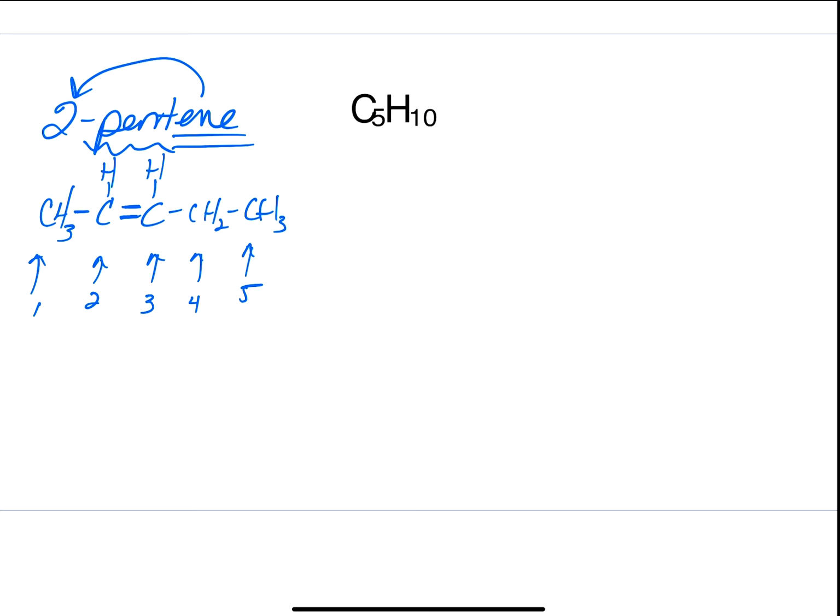All right, so that's a general look at 2-pentene. Now, if we wanted to draw the full structural formula, remember we're going to need to draw all of the atoms and all of the bonds. So again, start with your double bond here. And then that's carbon 2 on the left and carbon 3 on the right, so we can go from there.